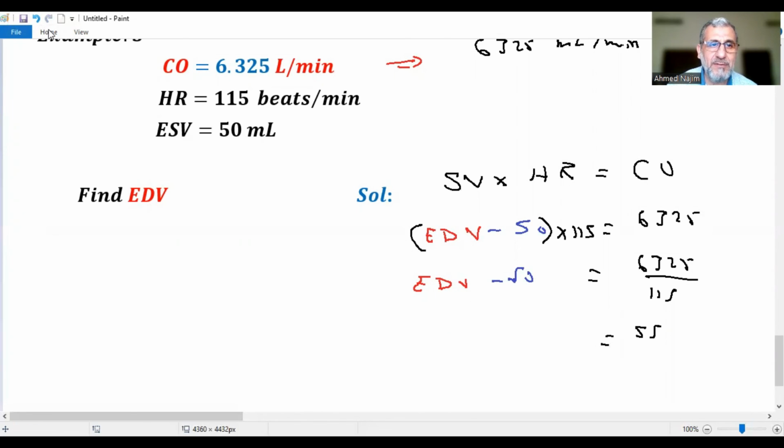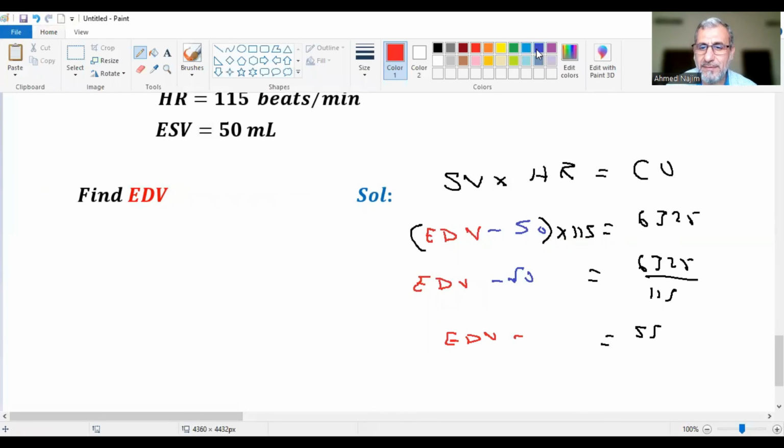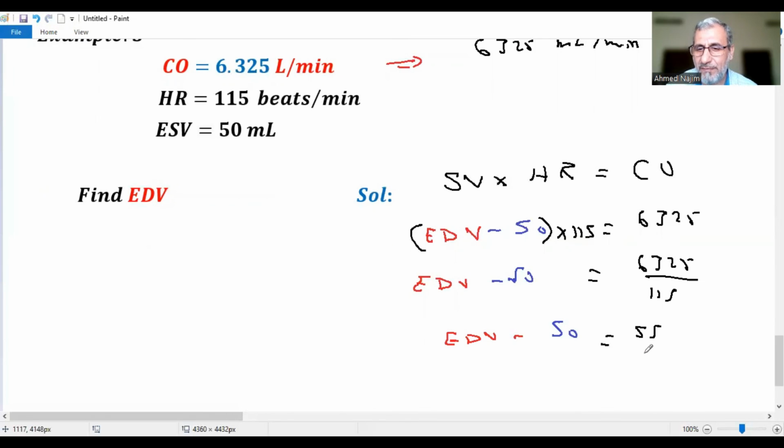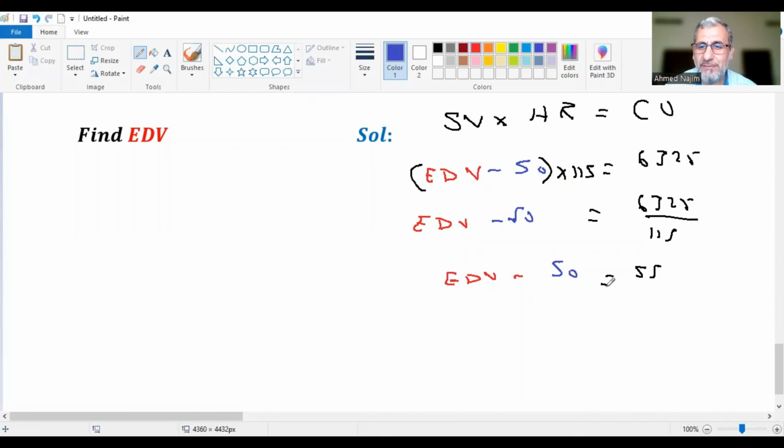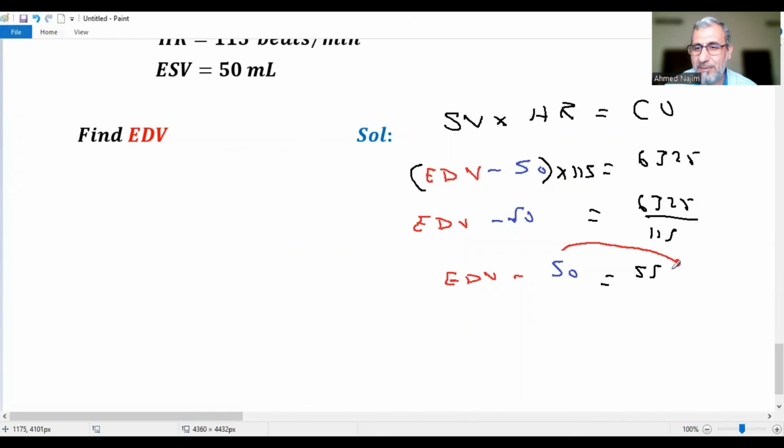Then we have EDV minus 50 equals 55. We shift the 50 to the right side, so the end diastolic volume equals 55 plus 50, which is 105 ml.